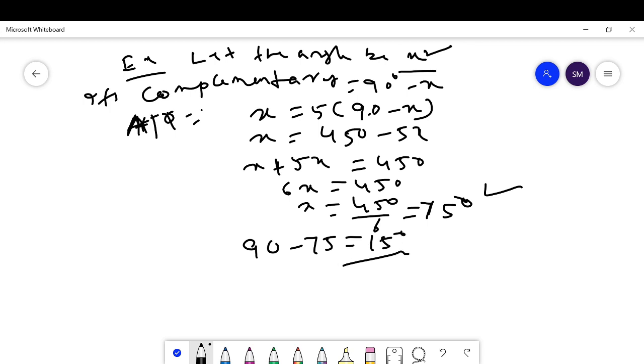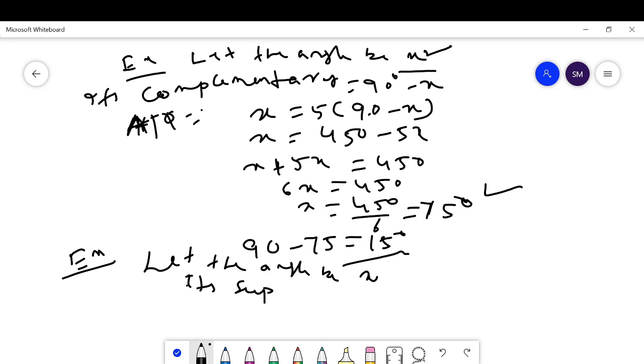Okay. Then another example. An angle is 1/3 of its supplementary pair. Let the angle be x. Then what is its supplementary pair?